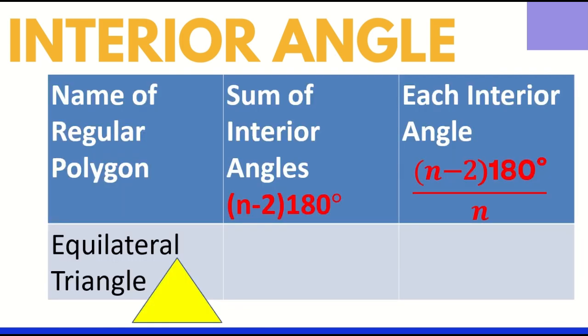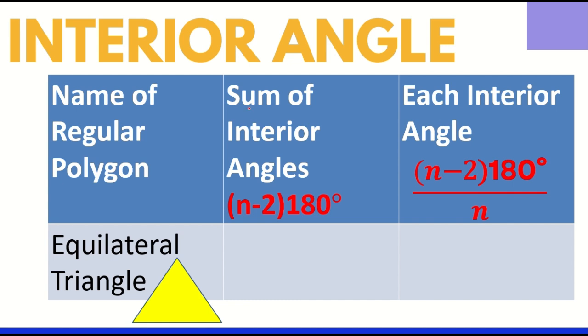Okay, here we will find the sum of interior angles of the regular polygon. Dito muna, mag-start tayo sa ating equilateral triangle. So paano mo ba hahanapin ang sum? By using the formula, ang gagamitin mo lang is yung nasa kanyang numerator, which is the quantity of n minus 2 times 180 degrees.